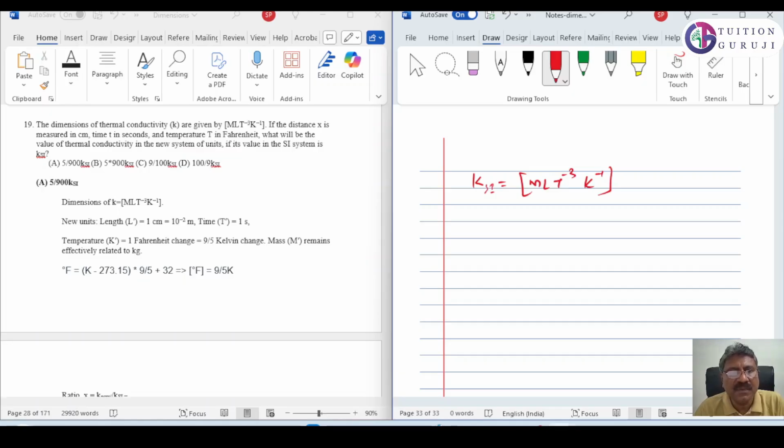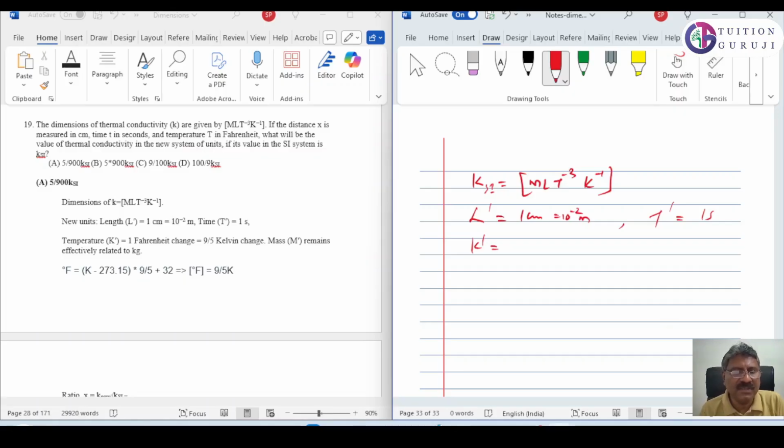So we know that in the SI system the units are M L T raised to minus 3, K raised to minus 1. The new units: length L dash is 1 centimeter, that is 10 raised to minus 2 meter. Time T dash is 1 second, there is no change. Temperature K dash is in Fahrenheit instead of Kelvin.